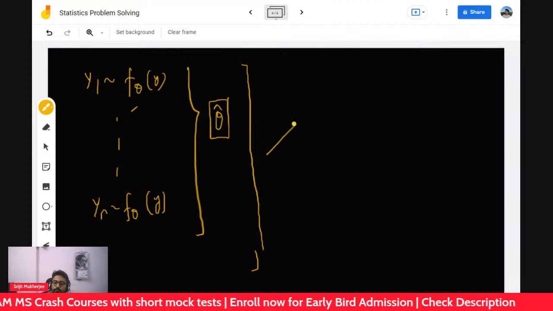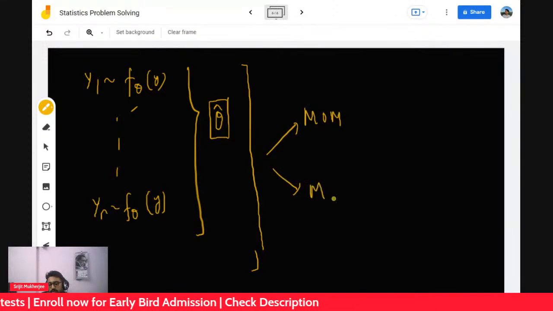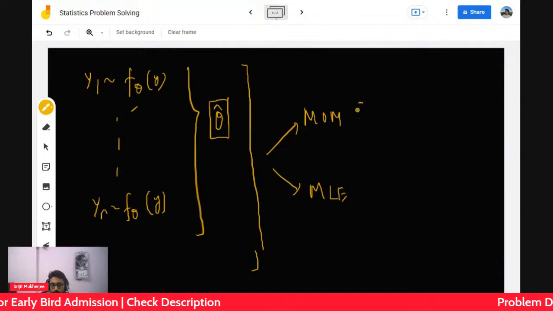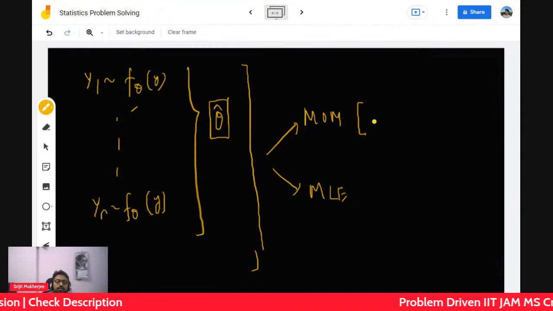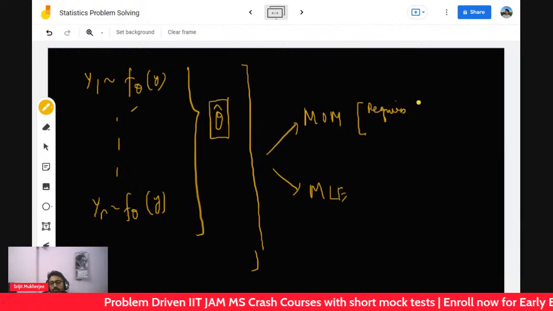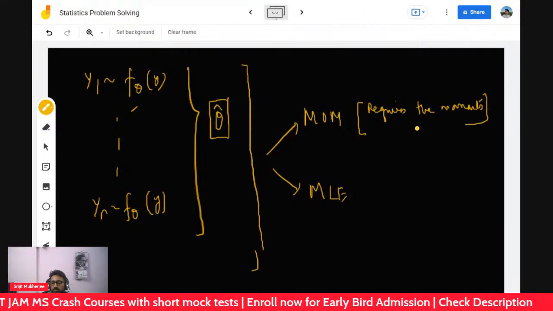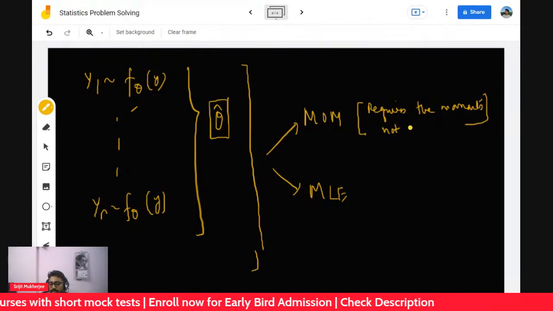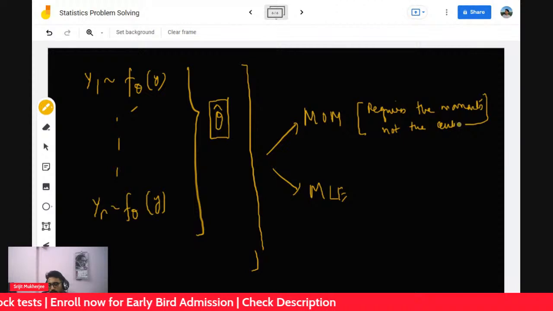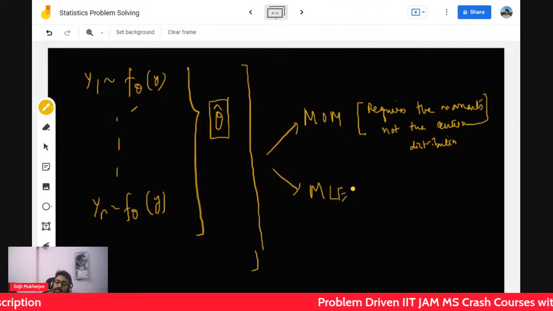They did it by MOM and MLE, the two methods. MOM doesn't require knowledge of the distribution. MOM just requires the moments, not the entire distribution, like the first few moments. But MLE requires the entire distribution.